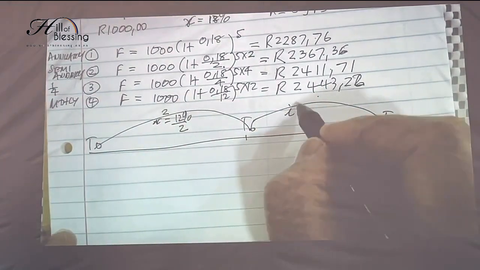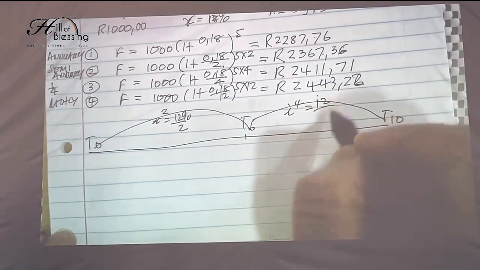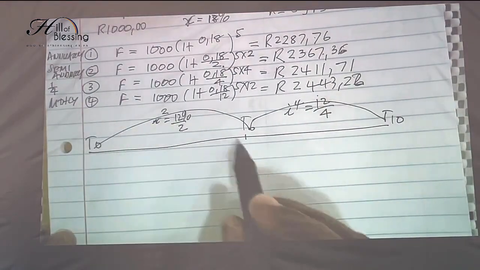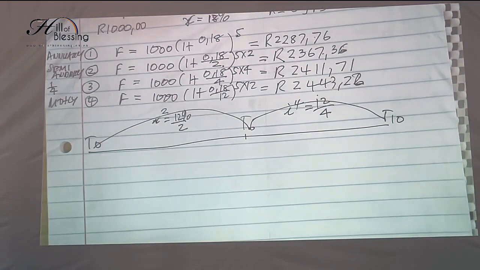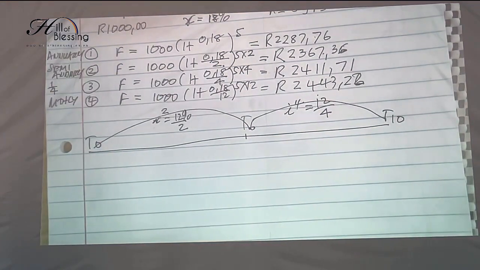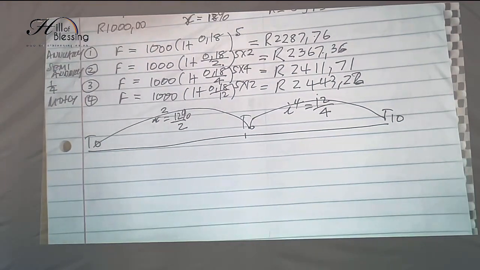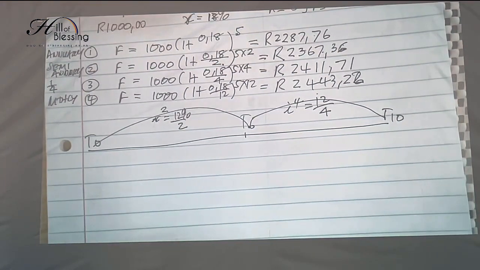If I say I4, it means the interest is compounded quarterly. There are also the words nominal rate and effective rate. Effective rate is the rate that we charge on the day. Nominal rate is charged per year. Does that make sense?